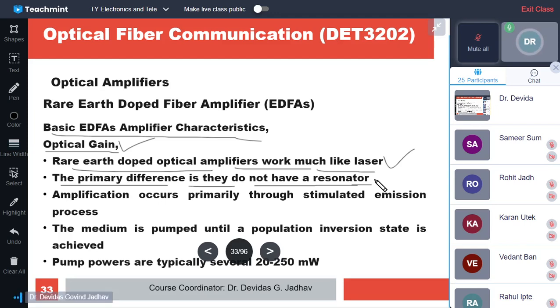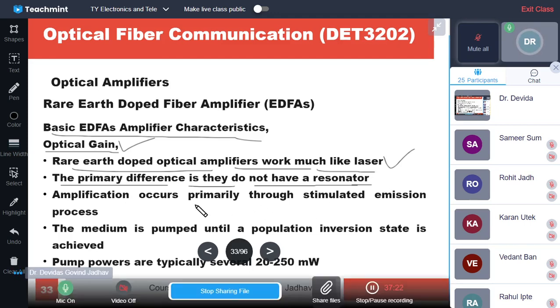The EDFAs do not have a resonator for laser action. So laser action is taking place in the EDFA, that is the fiber. So this is the primary difference.